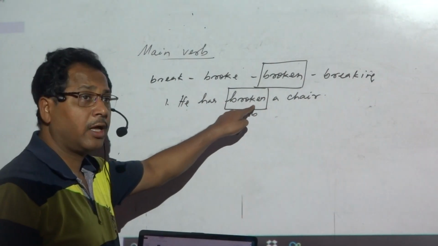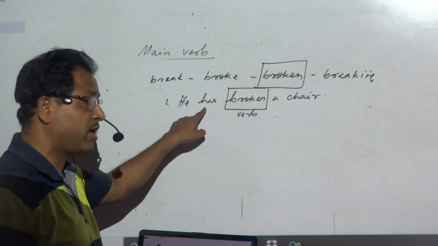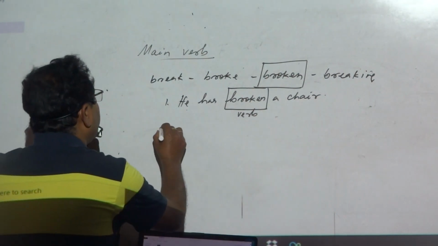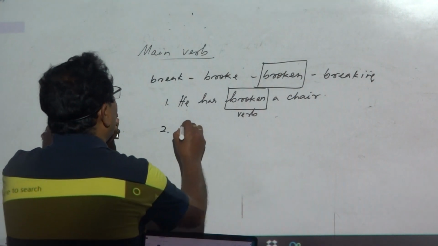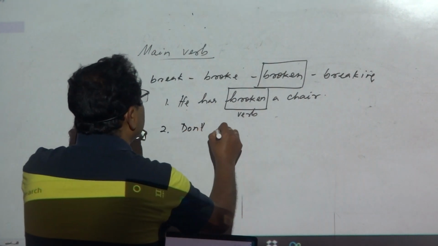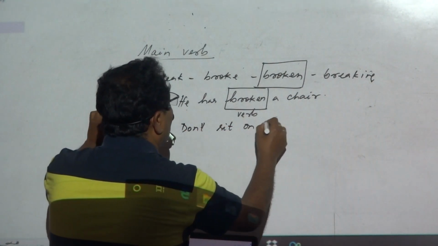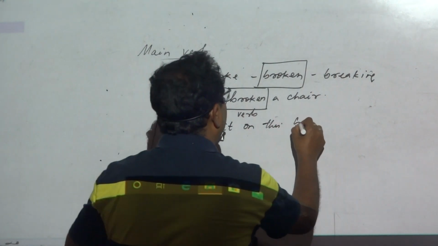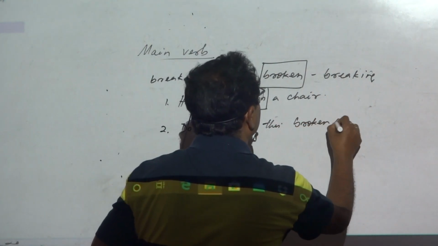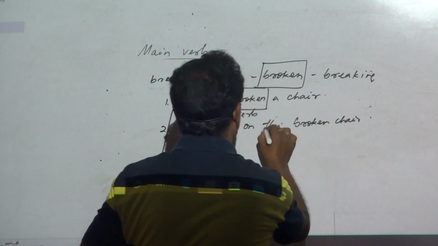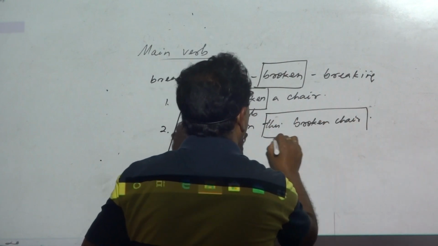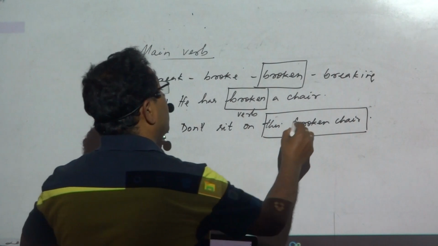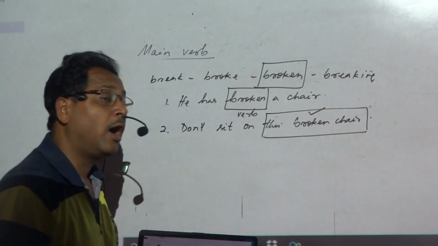Have followed by V3 is a non-finite verb; this is a finite verb. And the second part I am telling you: don't sit on this broken chair. Okay, this broken chair is a phrase, and here broken is an adjective.